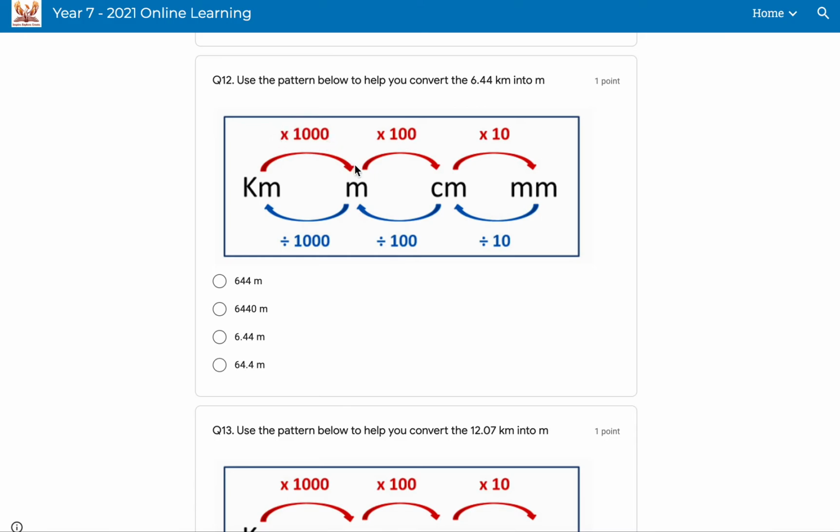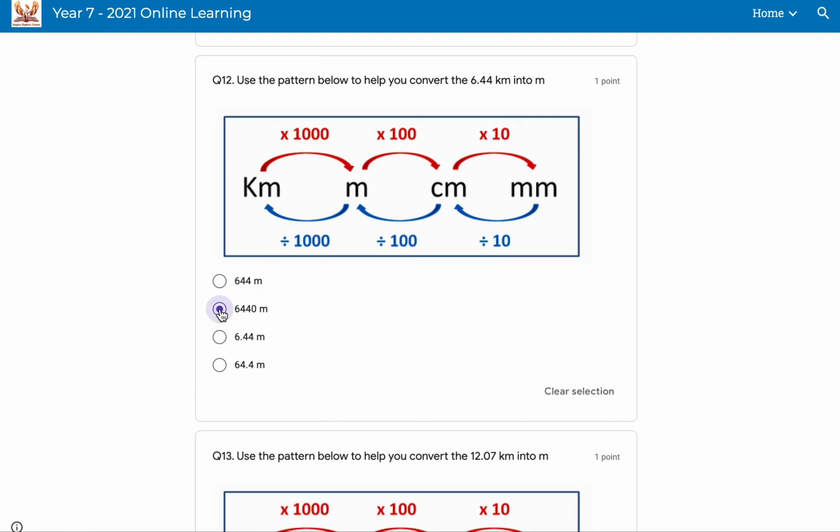And that's because before we were multiplying by 100 because there's only 100 centimeters in a meter, but there's 1,000 meters in a kilometer. So we need to multiply by 1,000 to go from kilometers to meters. So 6.44 kilometers times 1,000 gives you 6,440, and now we're in meters.